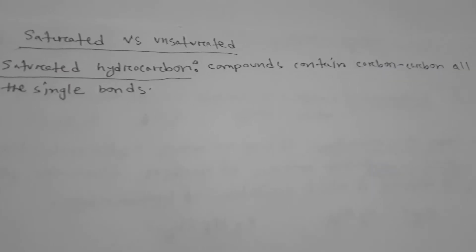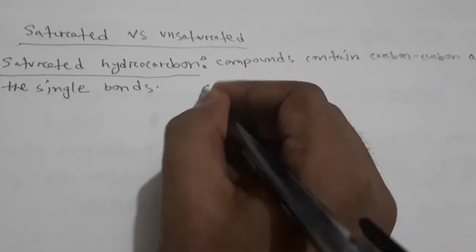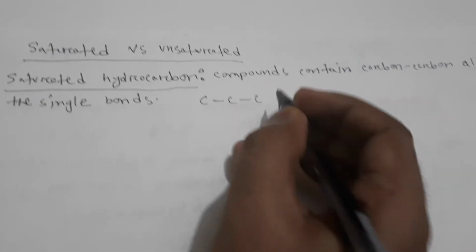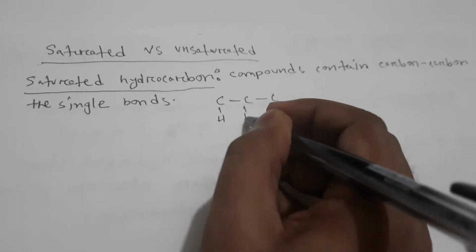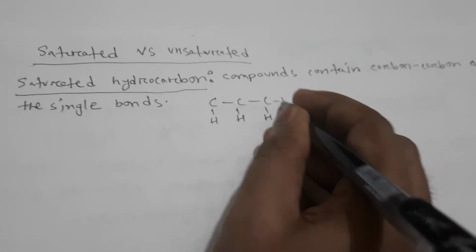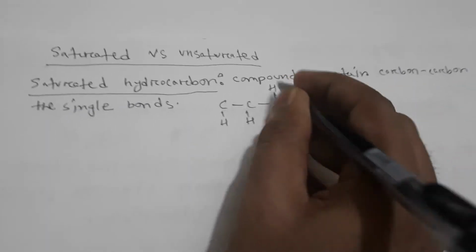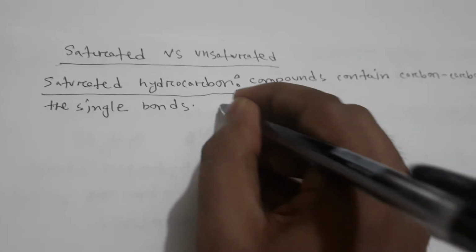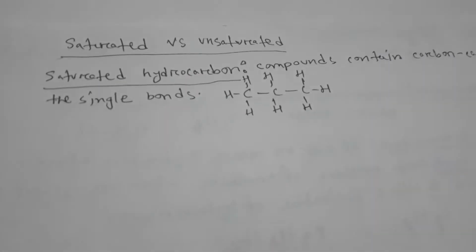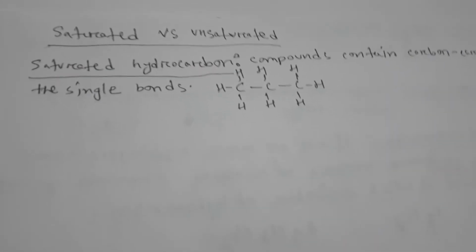Compounds contain carbon-carbon all the single bonds. For example, 3 carbon, you will notice there is no double bond or triple bond.